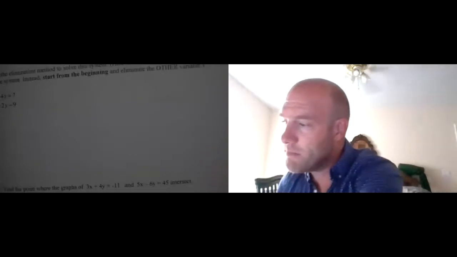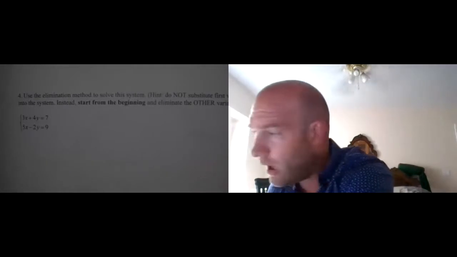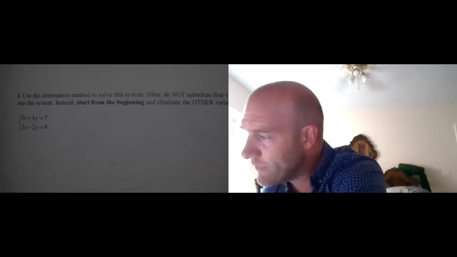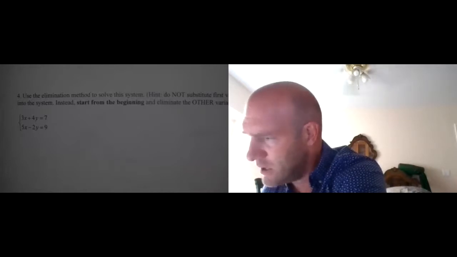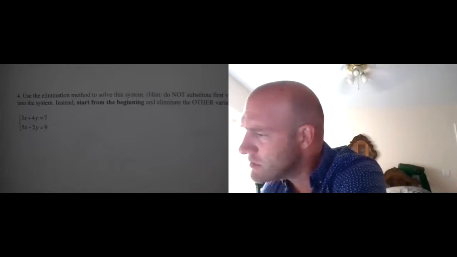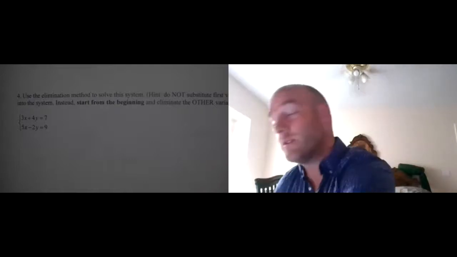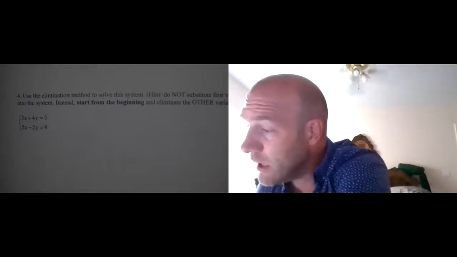All right, use elimination method to solve this system. Let's see if I can get this on the screen. Hint: do not substitute the first value that you find back into the system. Instead, start from the beginning and eliminate the other variable. I read that and it went in one ear and out the other, as sometimes happens. Let's see that again. Use elimination method.